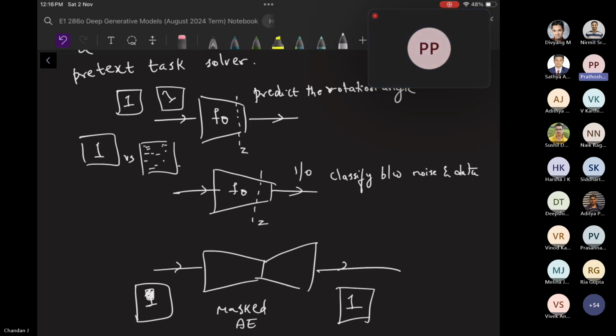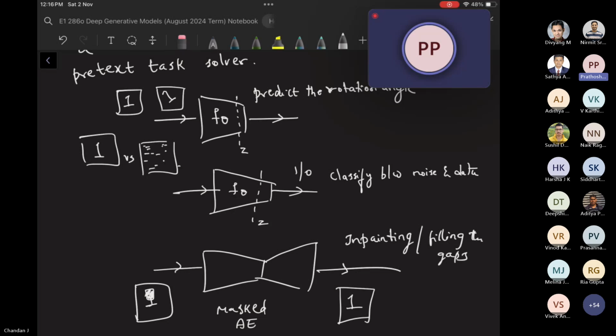The same thing, and there is masked autoencoding for image-based models as well. These are examples. This is like inpainting, or filling the gaps. There are hundreds of ways of defining pretext tasks.